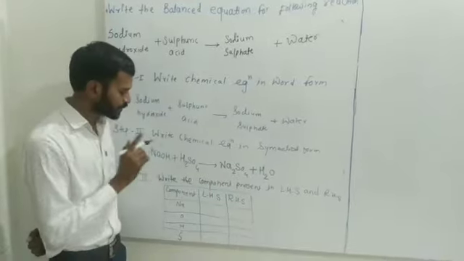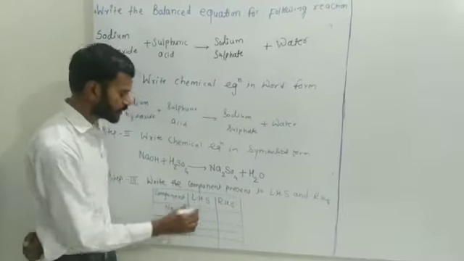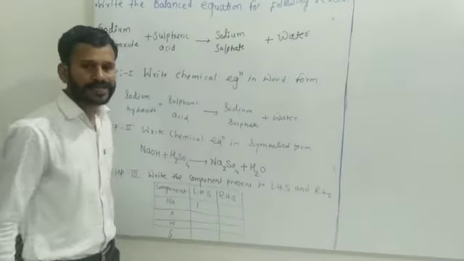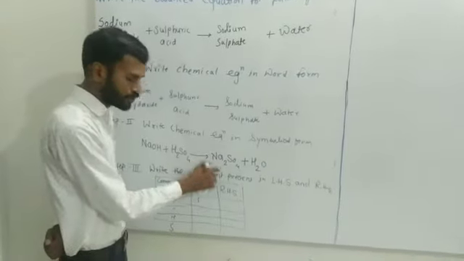How much sodium is present on the LHS? 1 sodium. On the RHS? 2 sodium.